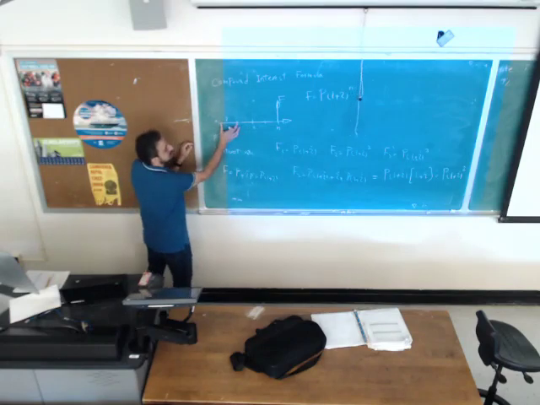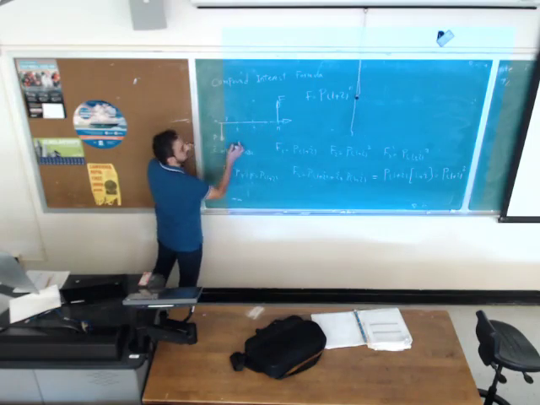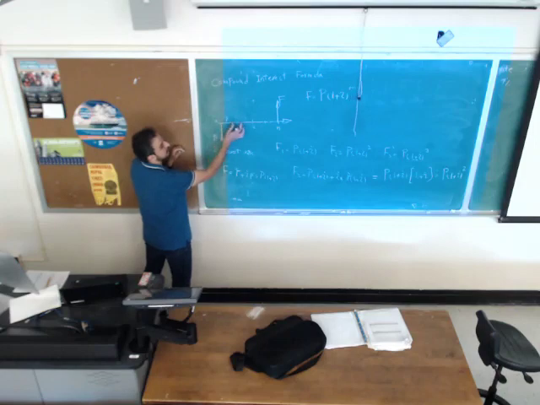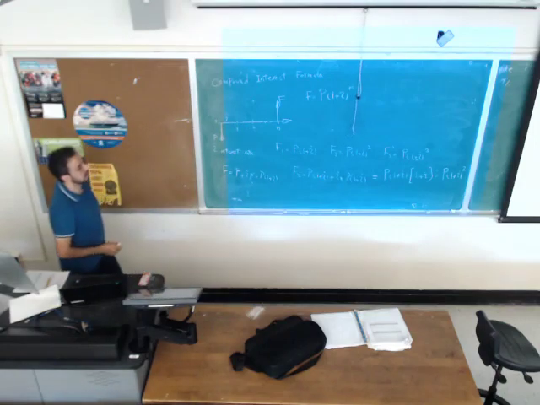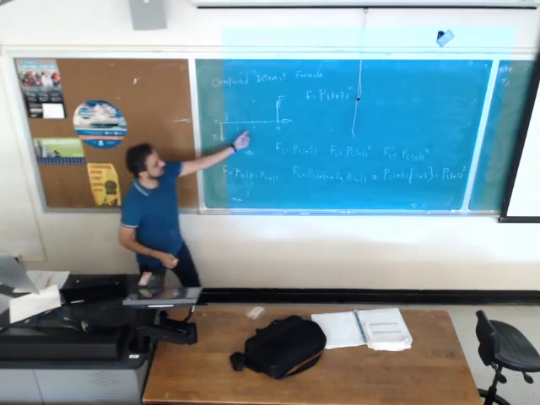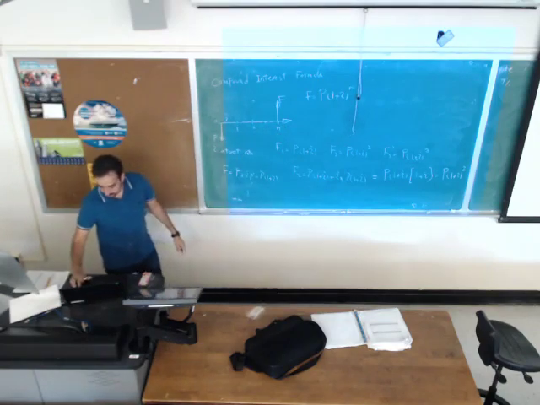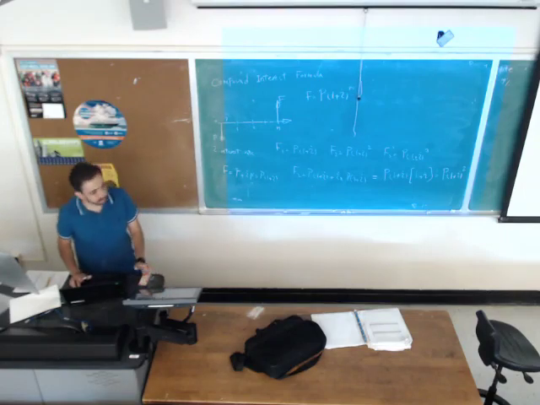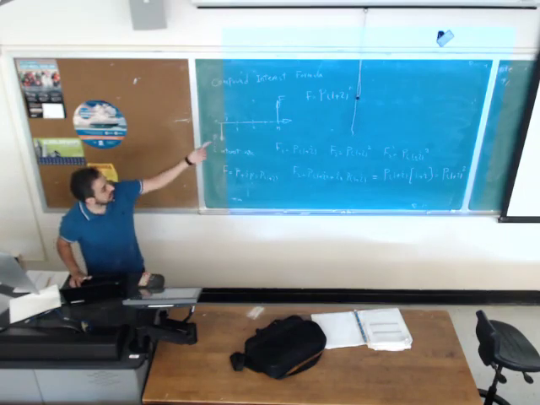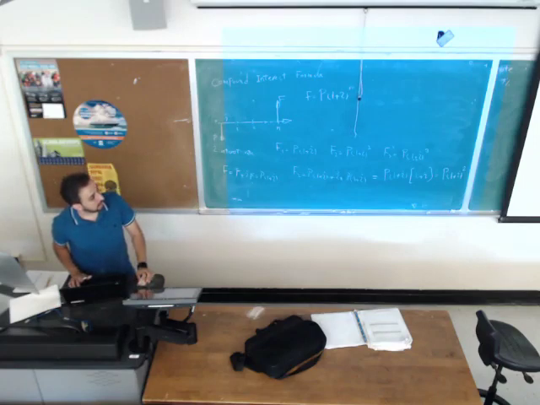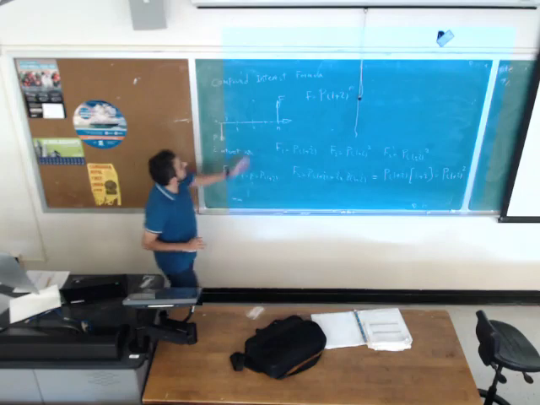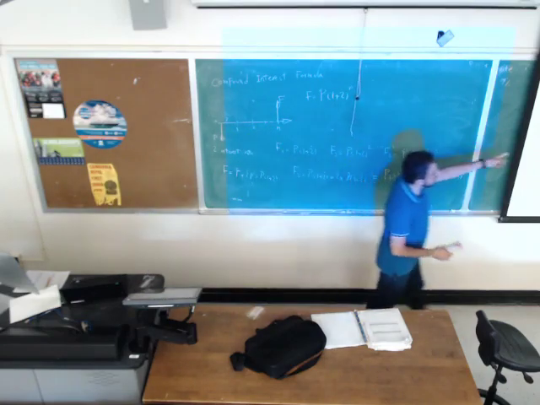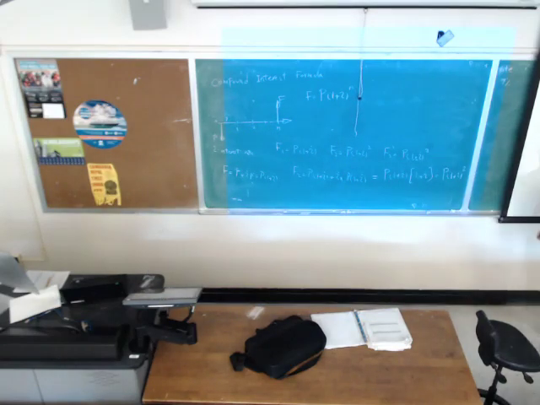So I is the interest rate per compounding term, whatever the compounding term is. If it's yearly, monthly, weekly, I should represent the interest rate per compounding term. N represents the number of periods, P is the present value or the money that you deposit, and F is going to be the money that you will get at the end of the period. We call this formula the single payment compound amount formula.